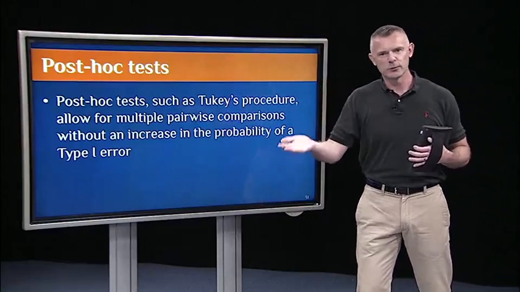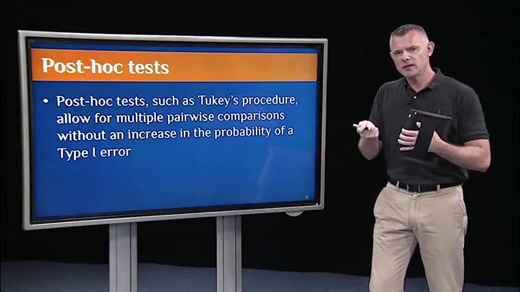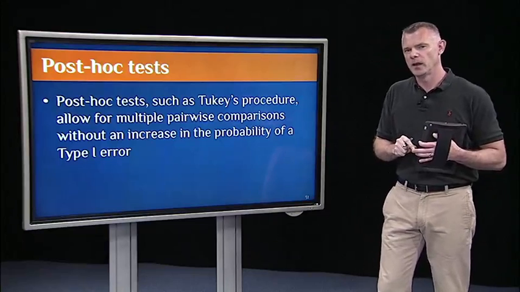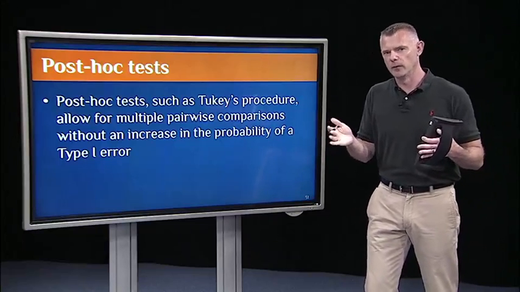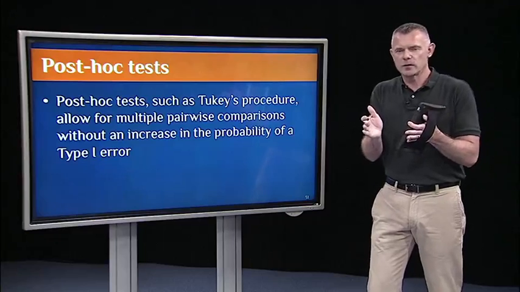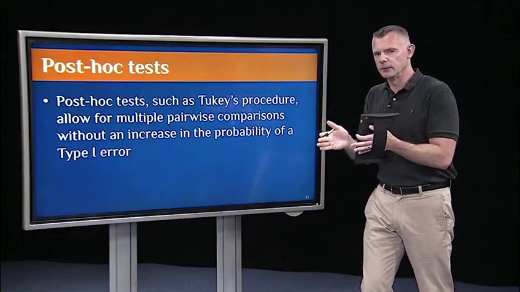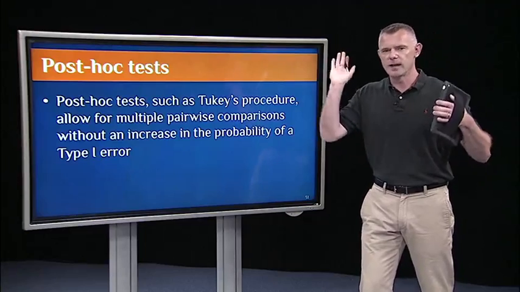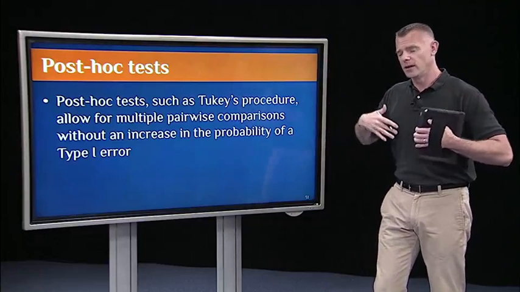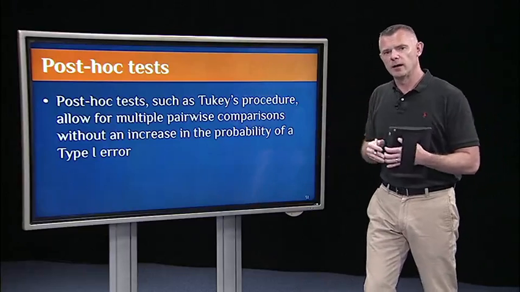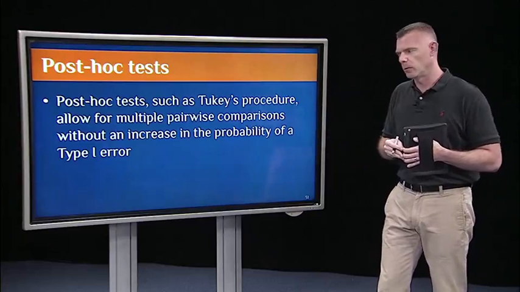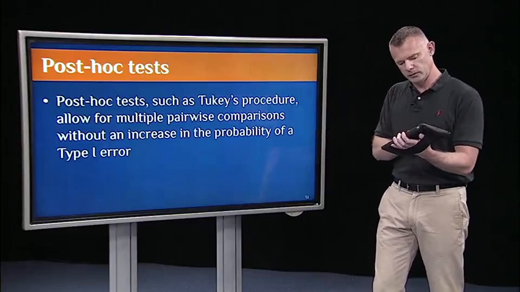There are a slew of procedures that all vary slightly in how they do this adjustment. I'm just going to mention a couple of them and show you that they vary from what's called liberal to conservative. Liberal would be not doing any adjustment whatsoever, and conservative would be the most heavy, stringent adjustment you could come up with. I'll show you a range.